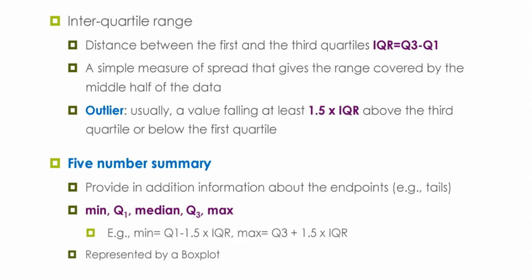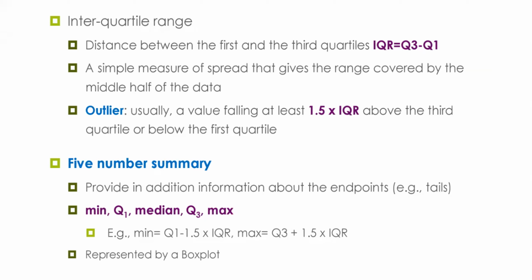What is an outlier? Usually, a value falling at least 1.5 times the IQR above the third quartile or below the first quartile is called an outlier. So based on the quartile values, you identify the outliers.